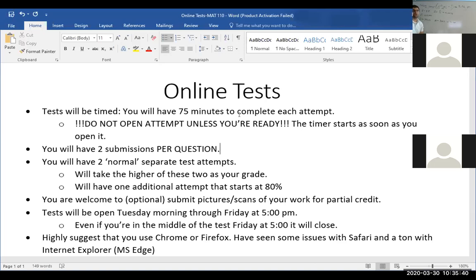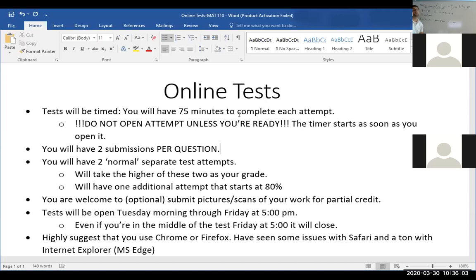You will also have one additional attempt that if you end up requiring it for whatever reason, it starts at 80%. So the highest grade you can get from that one is 80%. Okay.